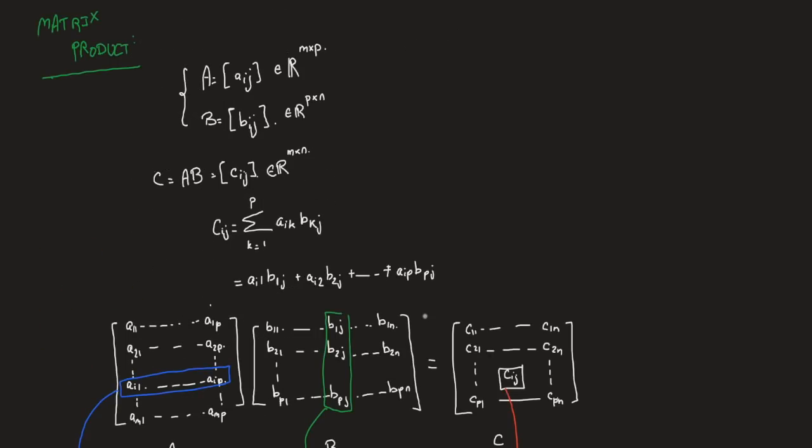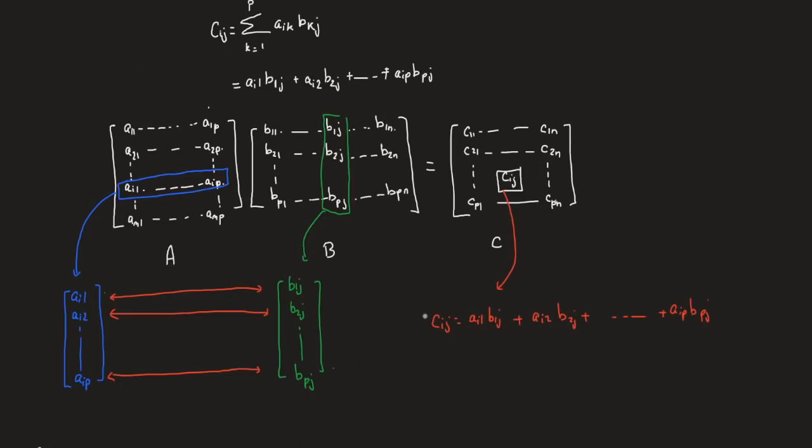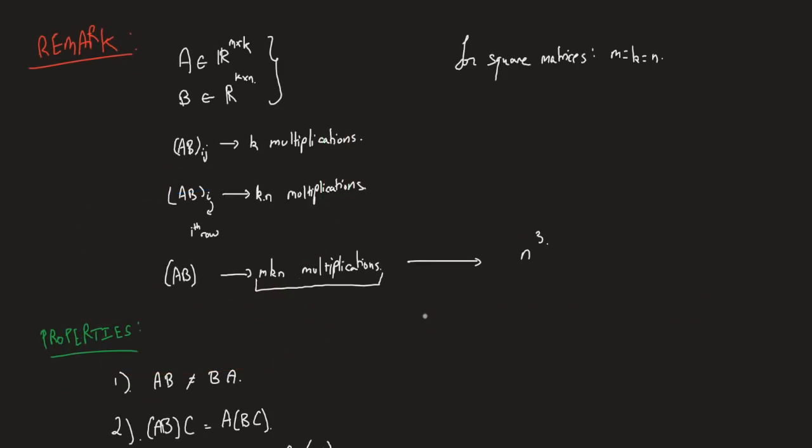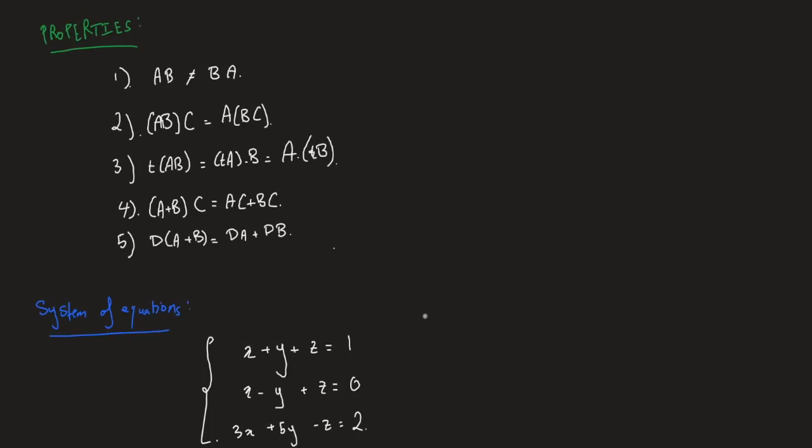Then we talked about a very important topic, which is the matrix product, how to multiply two matrices, right? Then we gave a remark on matrix multiplication, that is, if you want to compute matrix multiplication on a computer, how much time does it consume? That is, what is the time complexity of a matrix multiplication? Some properties were given on matrix multiplication as well.